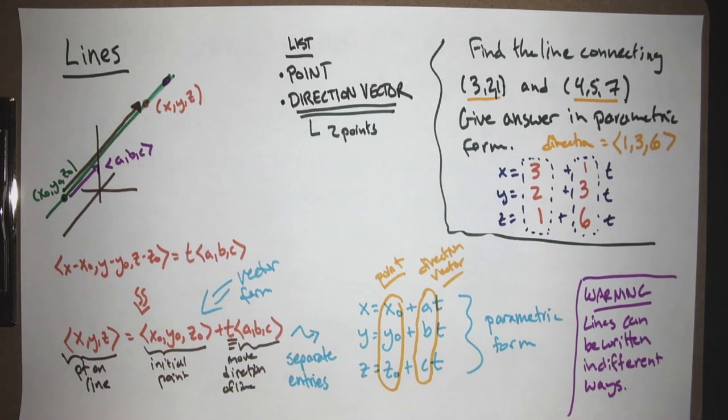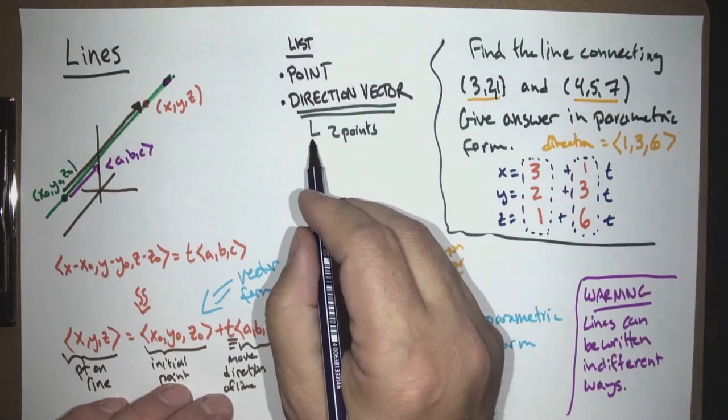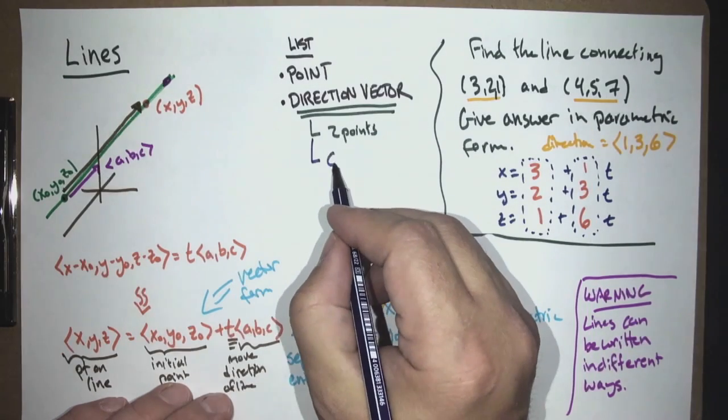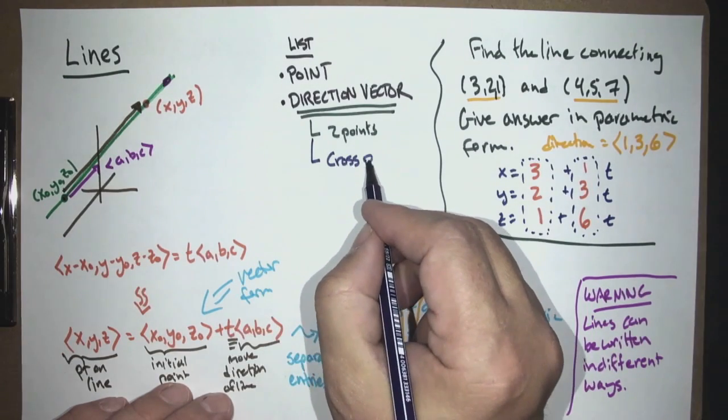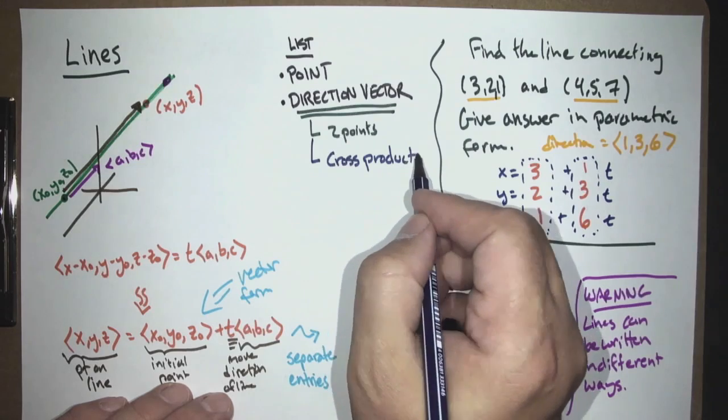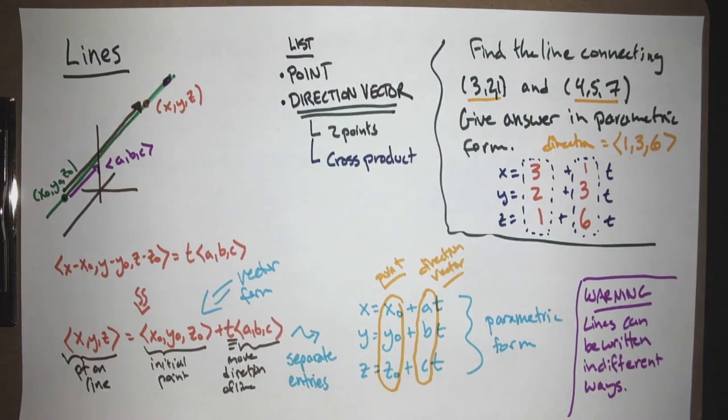Life is good. So with 2 points, we can get a direction. But something else that frequently happens is you might need to do a cross product. If you're going to do a cross product to find a direction, what do you have to find? Vectors. But more importantly, what's true about those vectors?